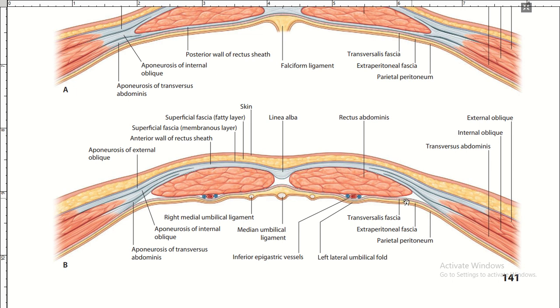You understand? Good. So remember, I said the rectus sheath does not completely enclose the rectus abdominis. So at the level of the superior iliac spine, you are not going to have the rectus sheath in the posterior portion of the rectus abdominis. Understood? Right. Let's take a look.